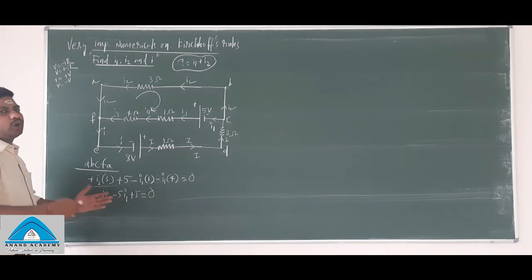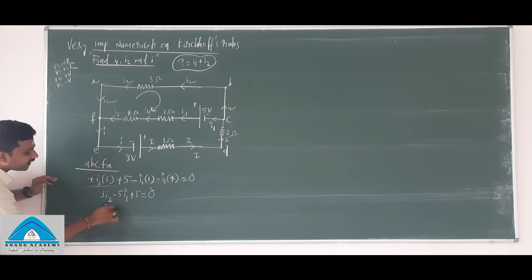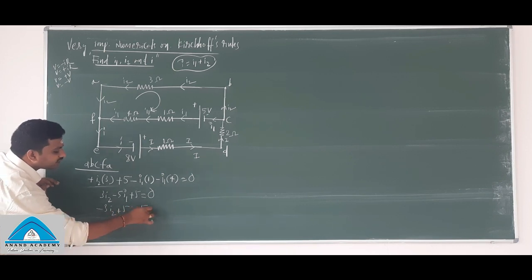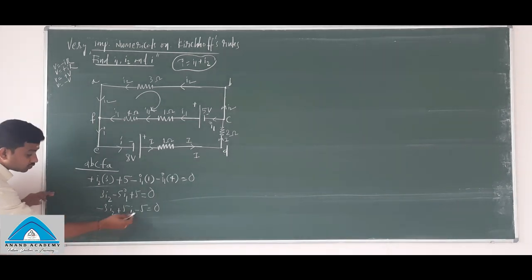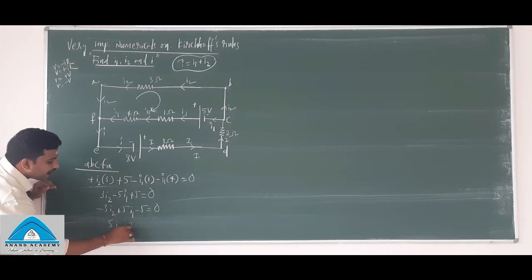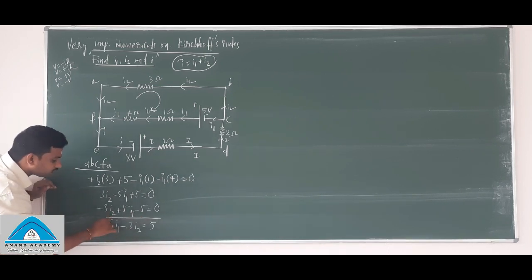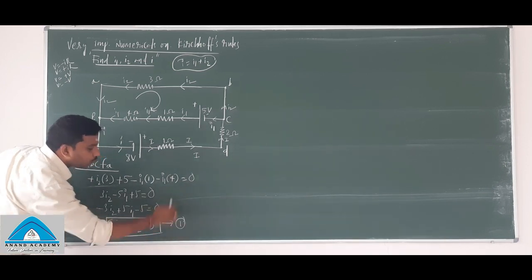If you multiply both sides with the negative sign, it will be minus 3I2 plus 5I1 minus 5 equal to 0. This minus 5 taken to the other side will be plus 5. So it will be 5I1 minus 3I2 is equal to 5. So this is equation 1 in terms of I1 and I2.